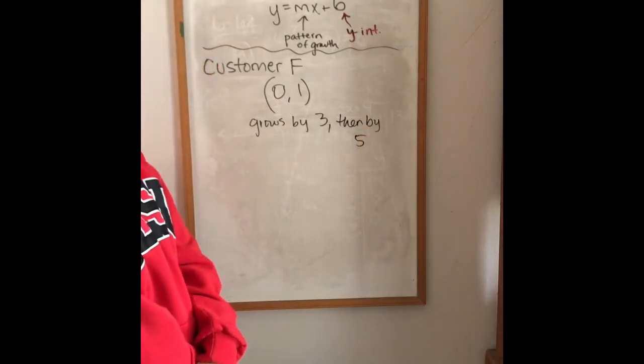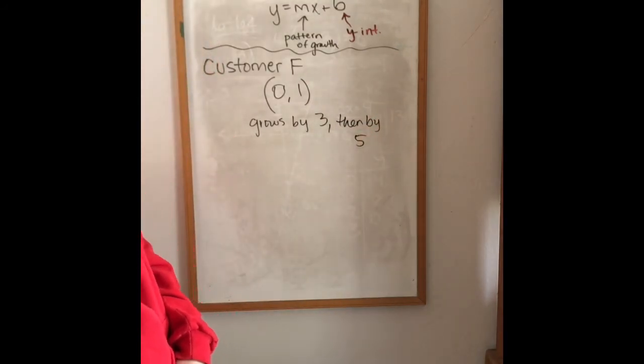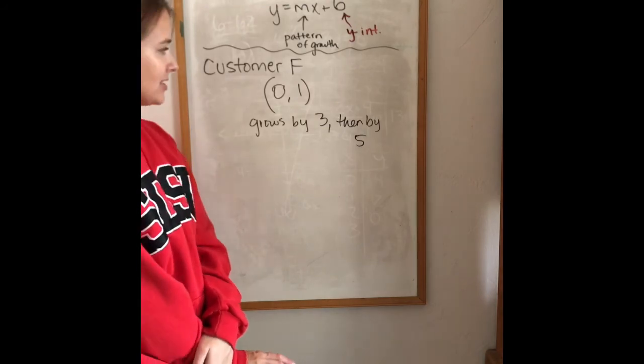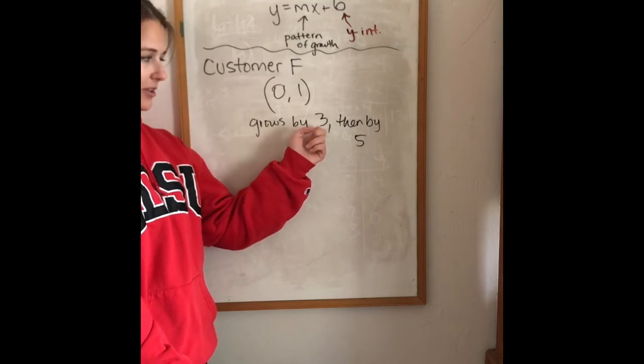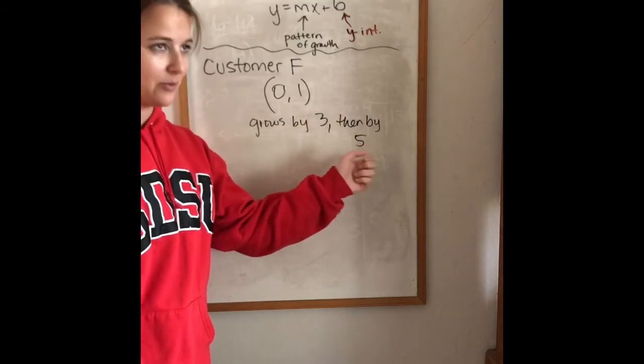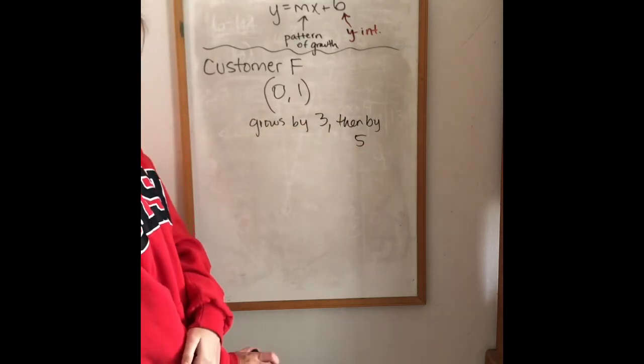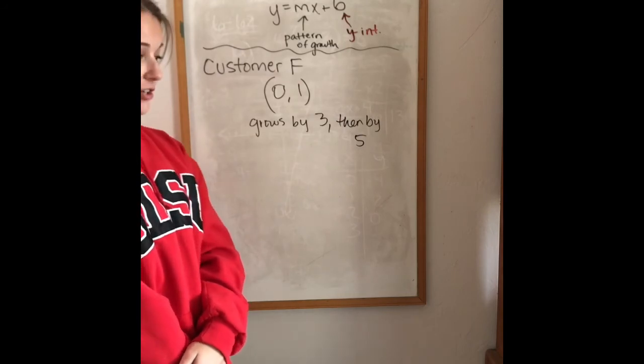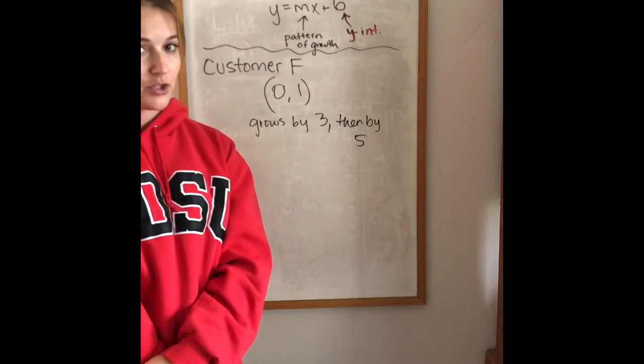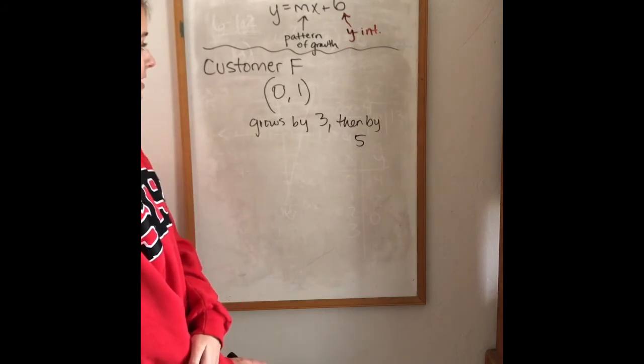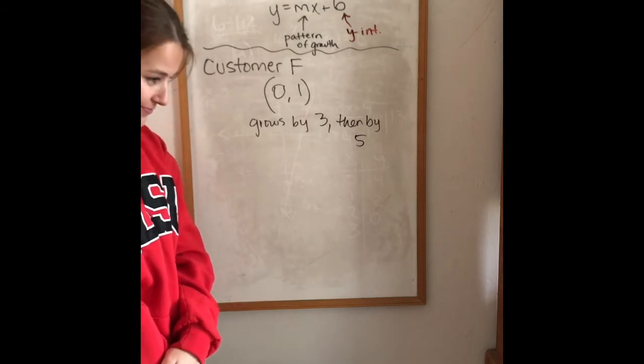So there's a red flag here, and the red flag is the pattern is not consistent, because this person wants it to grow by 3 first and then have a pattern of 5. So this is not a linear line, which means it's not a straight line, and we cannot fulfill his order.